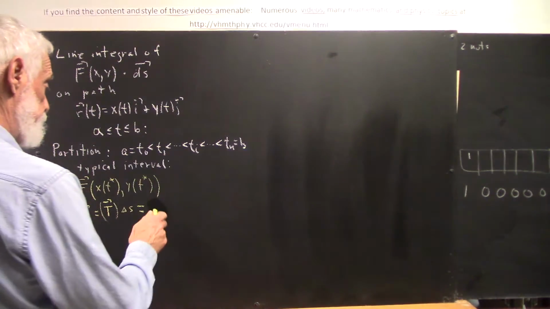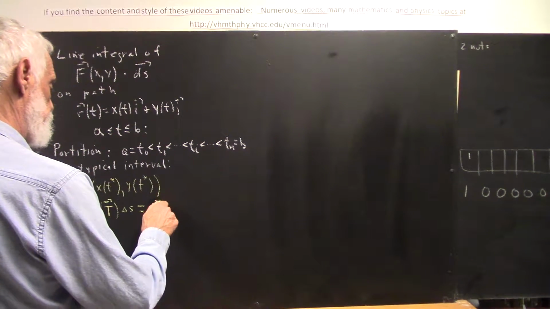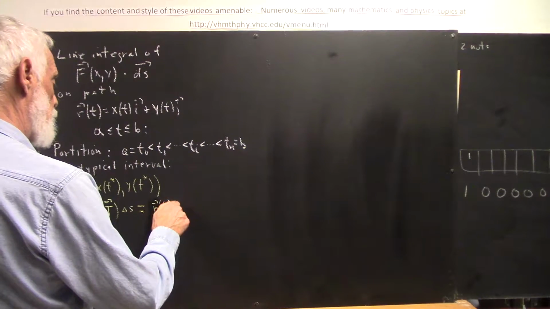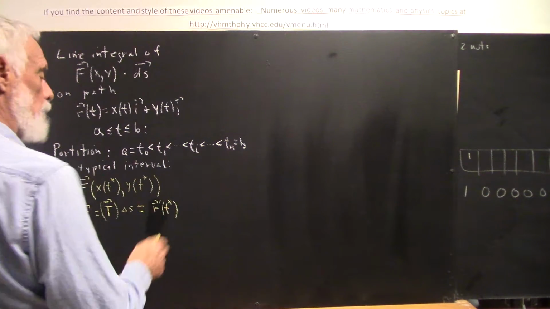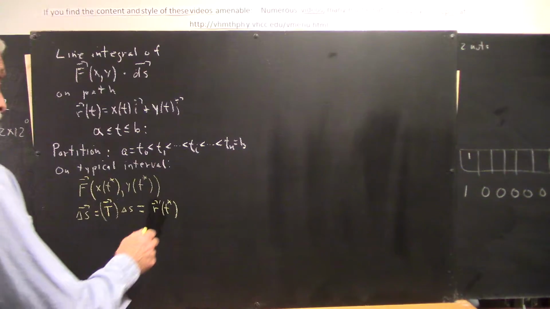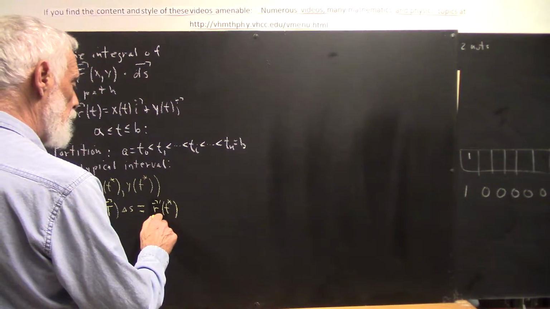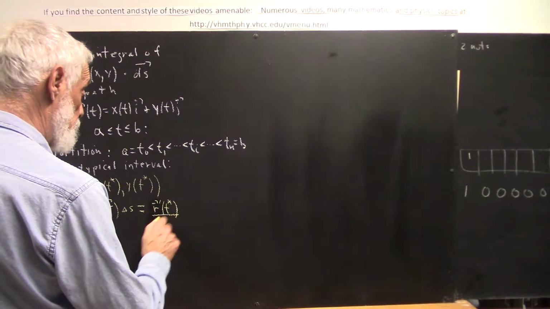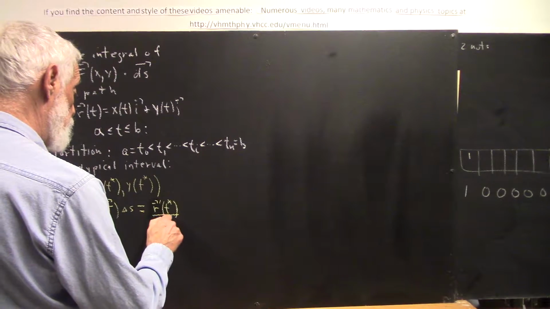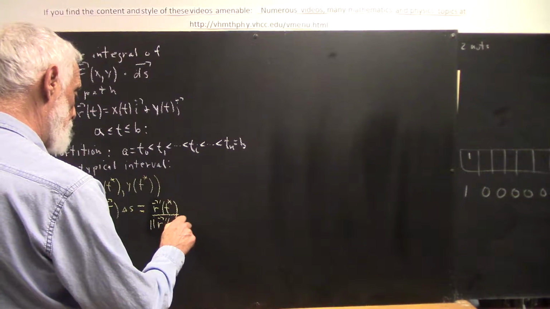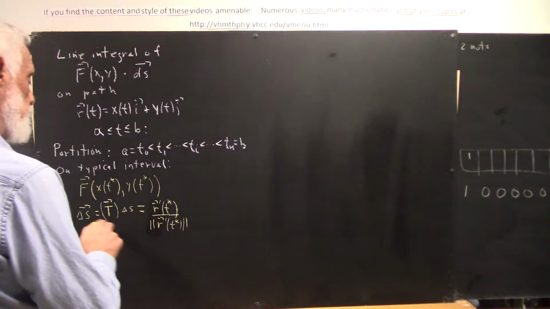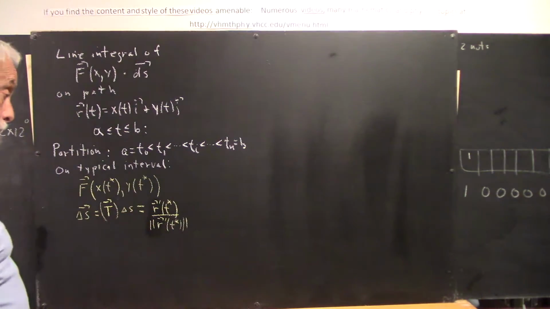So it's going to be r prime evaluated at t star, and that's a tangent vector, but then we have to divide by the magnitude of r prime at t star. This gives us our unit tangent vector, so there's our T.